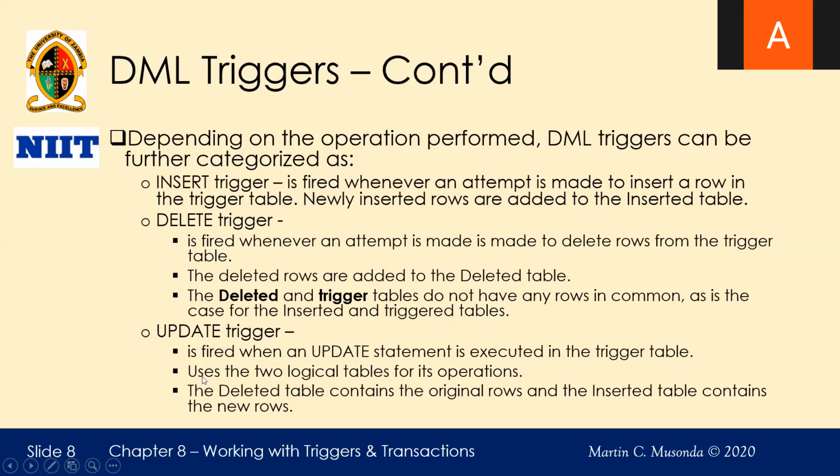The update trigger uses two logical tables for its operation. The delete trigger uses only one logical table. The insert trigger also uses only one table. But the update trigger uses both logical tables, the deleted table and the inserted table.